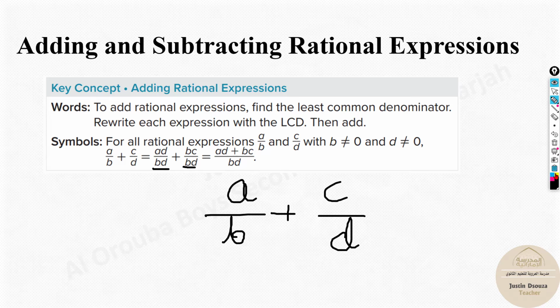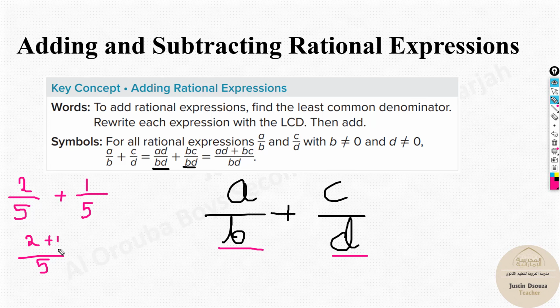Now what we need to do is make the denominators the same, and then we can solve it. Why does the denominator need to be the same? Imagine you have 2 by 5 and 1 by 5. Can you add this? Yes, the denominators are the same, so you just add 2 plus 1, and the answer would be 3 by 5.